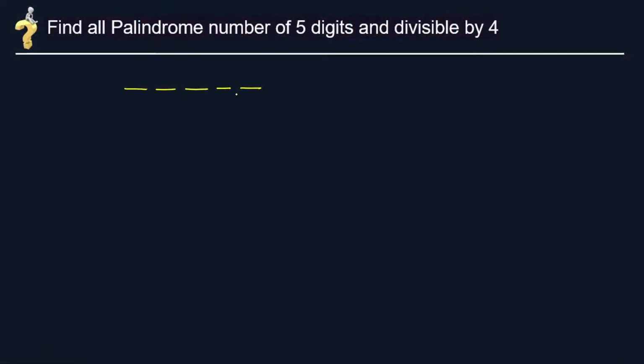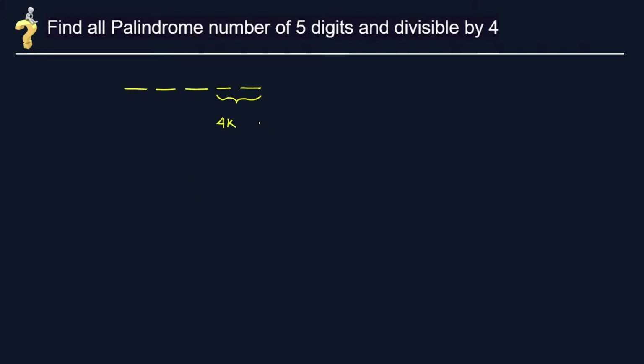So first I will choose in how many different ways the last 2 places of this 5-digit number can be filled such that it is divisible by 4. Now, I can say that these 2 places will be filled with numbers which are divisible by 4. That is, it will be of the form 4k.